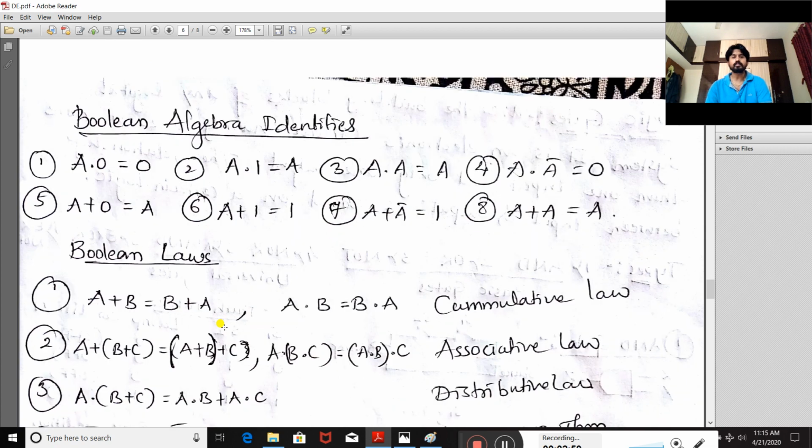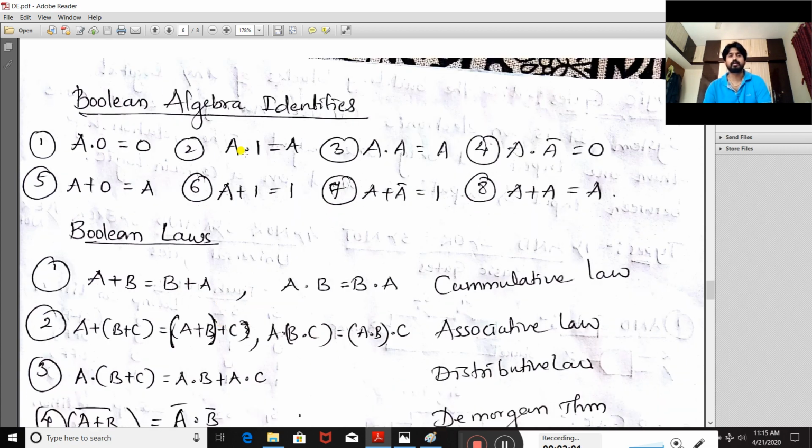Now these are the fundamentals of Boolean algebra. Here the 0 and 1 do not mean binary zeros and ones. These are logical zeros and logical ones. Logical 0 is ground, and logical 1 is VCC in electronic circuits.